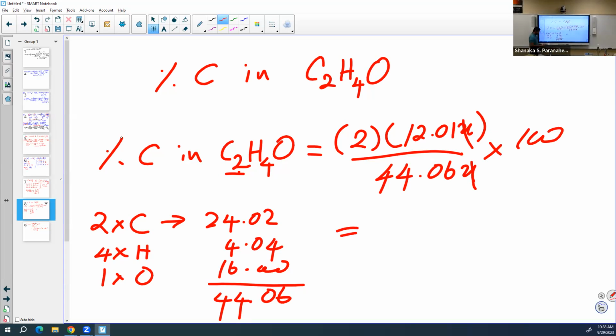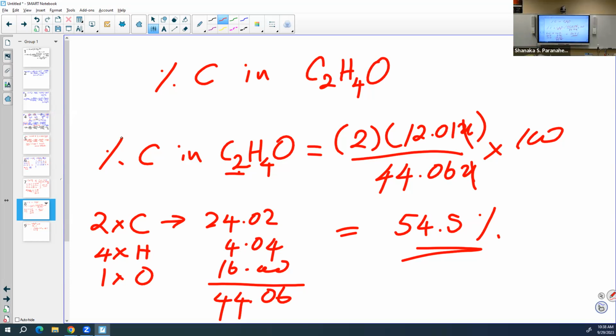Calculation, and the answer is going to be the percent composition of carbon. So that's 54.5% carbon. Okay, so there will be two questions from this. Next one is grams per mole, a simple calculation.